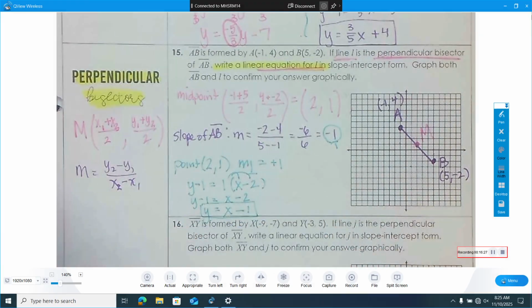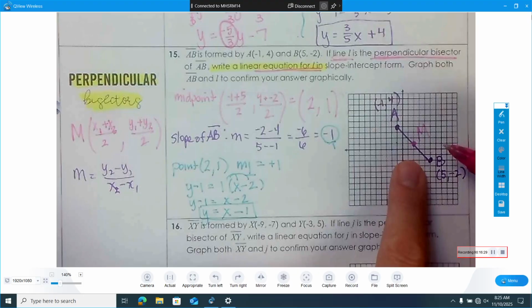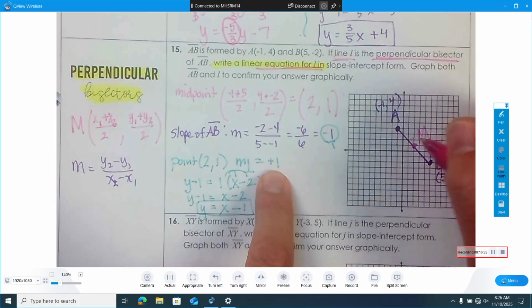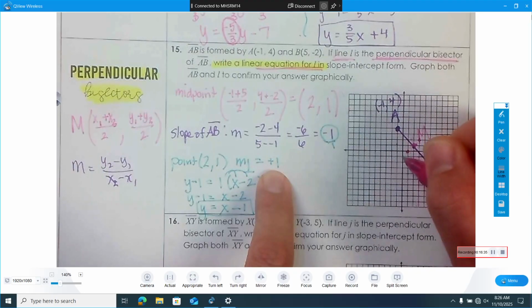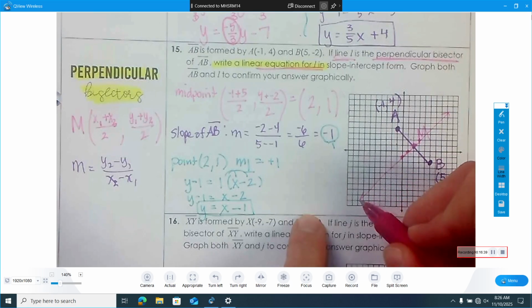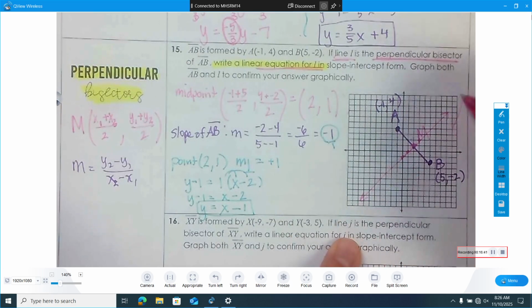So there is my point M, and my slope is just going to be up 1 over 1. There it is, and if I carry it out just a little bit, there's my line L.